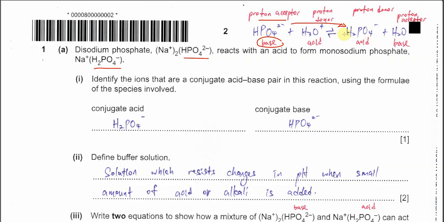So the dihydrogen phosphate is the proton donor, the acid. For the acid you should put dihydrogen phosphate, and for the conjugate base you should put hydrogen phosphate.